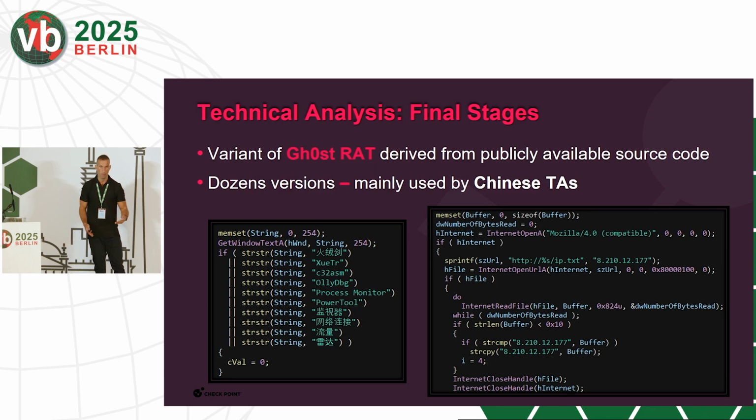And each company tries to come up with some super cool name for this kind of variant of Gh0st RAT, so it gets a little bit messy. But the truth is that all of these versions are mainly used by Chinese threat actors. We can see some typical routines for Gh0st RAT, like detection of analysis tools and retrieving new C2 addresses from a remote URL.